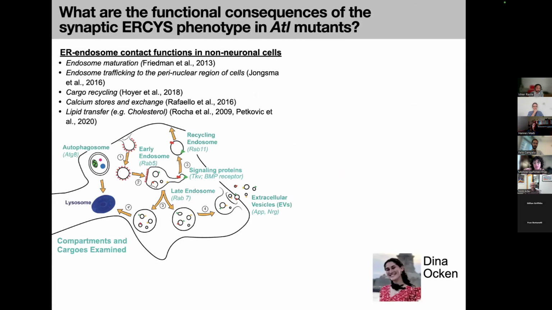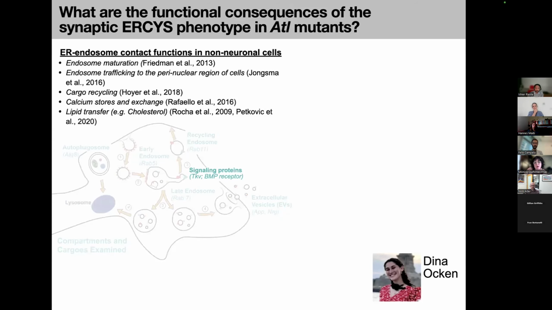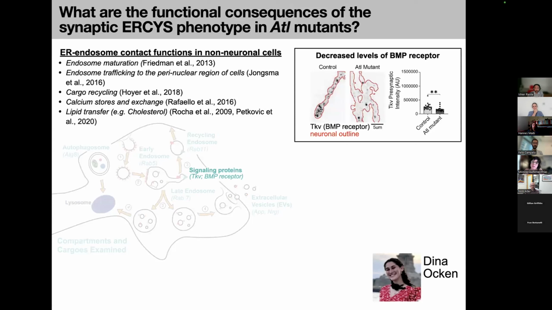I had a really talented undergrad that I supervised, Tina Oken, who examined all sorts of different compartments and cargos to identify potentially disrupted cargos or compartments within the Atlastin mutant. What she found was that there's this BMP receptor called Thickveins, whose levels are reduced in Atlastin mutants.